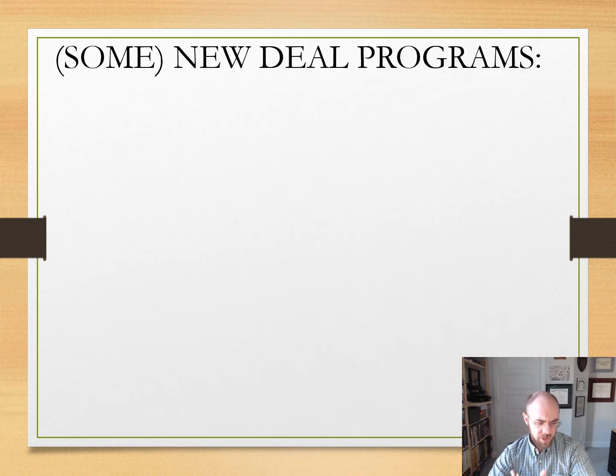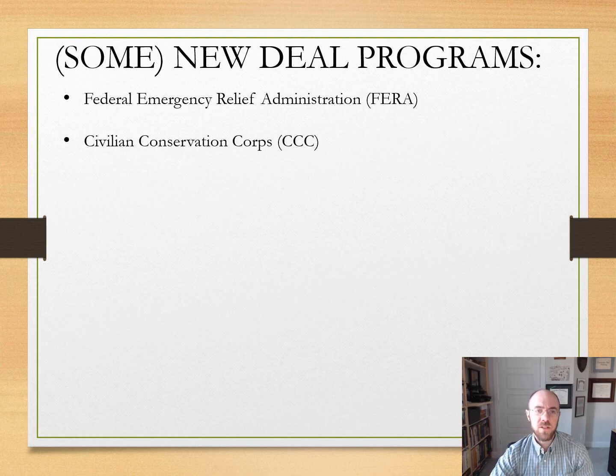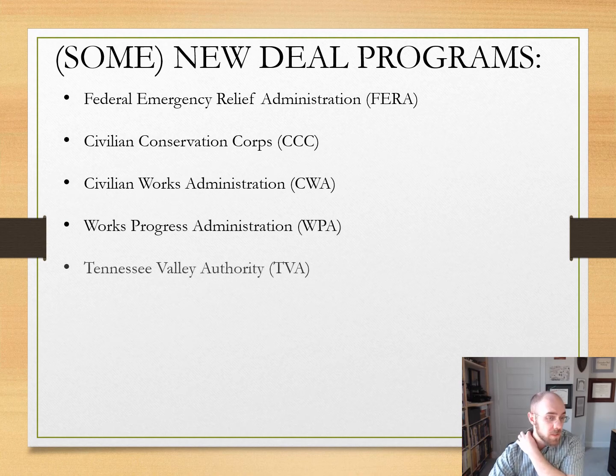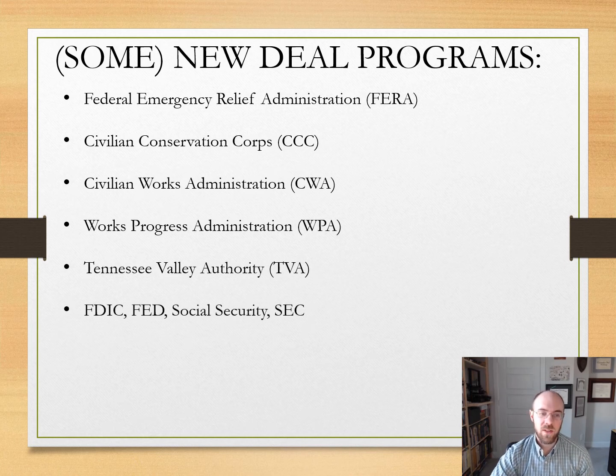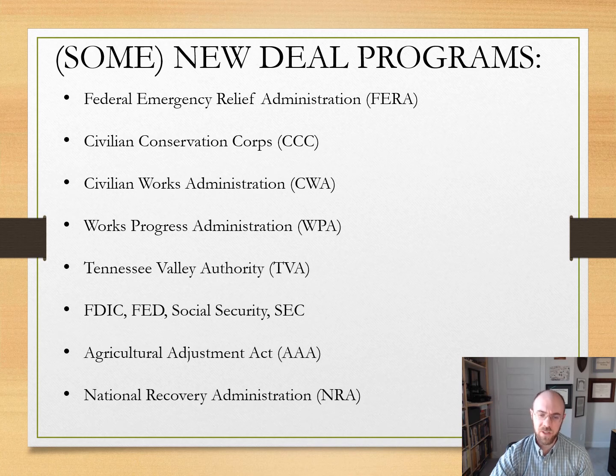So we're going to talk briefly about some of the major New Deal programs. We'll run through a list of them and talk about a few of them. So you have the FERA, the Federal Emergency Relief Administration, the Civilian Conservation Corps, the Civil Works Administration, the Works Progress Administration, the Tennessee Valley Authority, the FDIC, Federal Reserve, Social Security, and SEC, Securities Exchange Commission, Agricultural Adjustment Act, the National Recovery Administration.